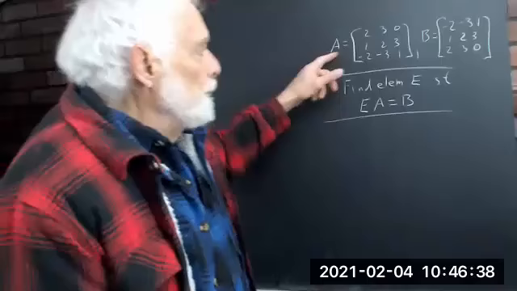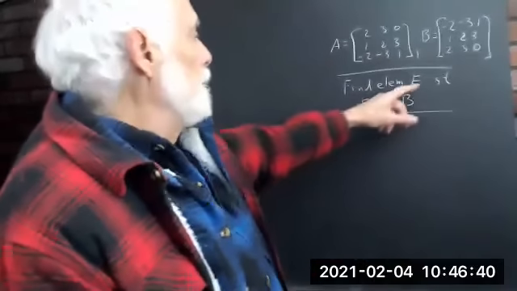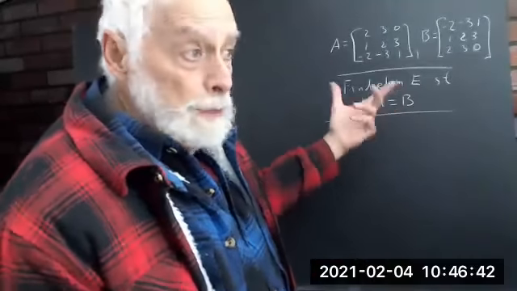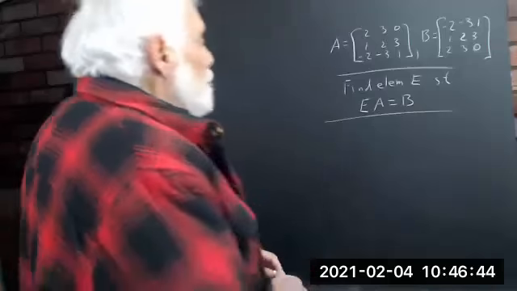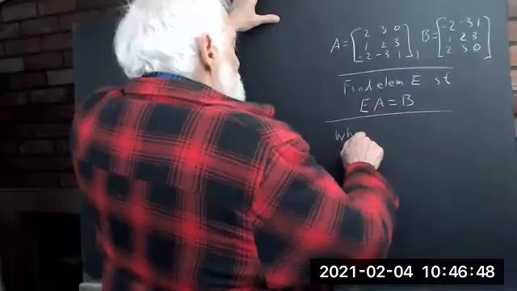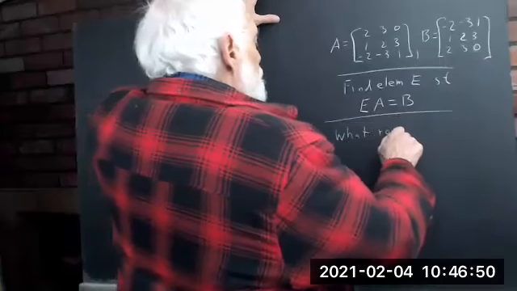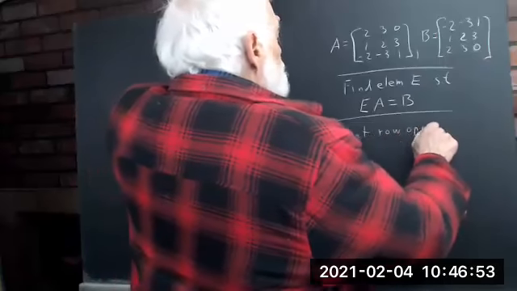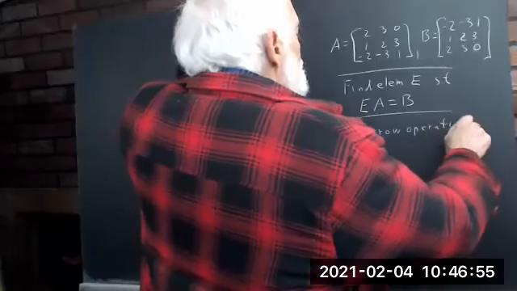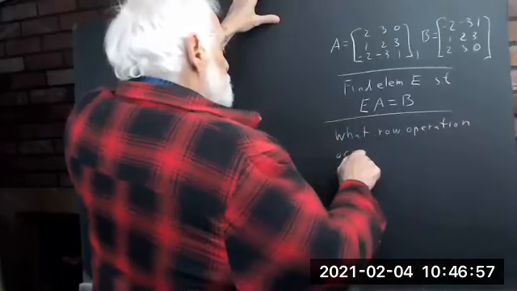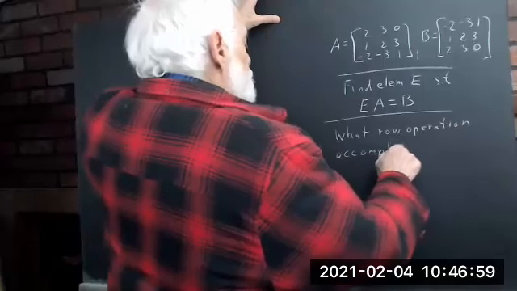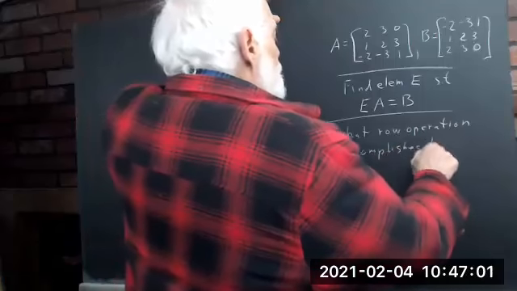Okay, so again, we've got matrix A, matrix B, and we want to find elementary matrix E such that EA equals B. First of all, the question is, what row operation accomplishes this?